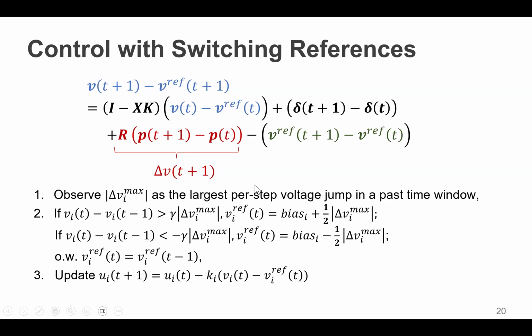Then every time we see a step voltage increase that is large enough, we set the reference higher by half of the delta max. Here the bias can be understood as 1 per unit for the conventional design of the voltage controller. Similarly, when we see a sudden voltage decrease to some range, we shift our voltage reference lower by half of the delta max.